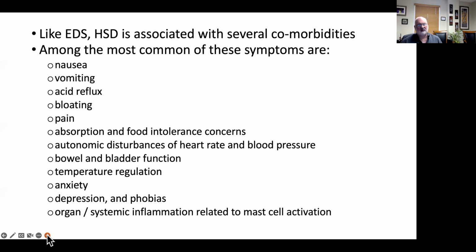So sometimes we have to figure out, is this really anxiety, or do they have hyperadrenergic POTS that is causing them to feel anxious, but it's really not anxiety. So sometimes it can get a little bit tricky in trying to figure out what's what, but usually with a good history, we can figure it out. Next one.